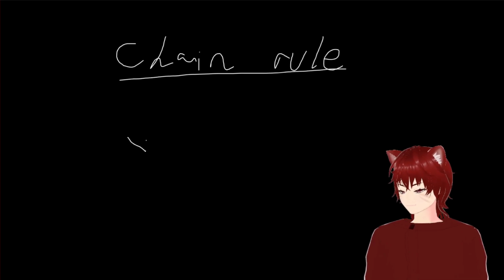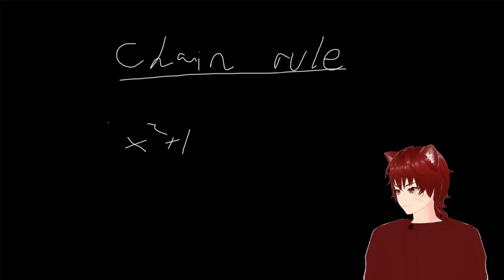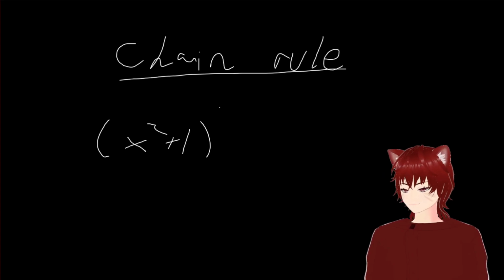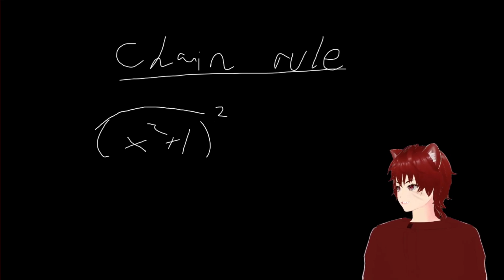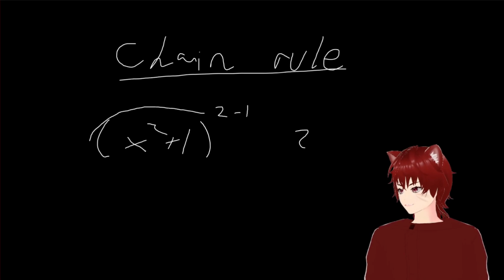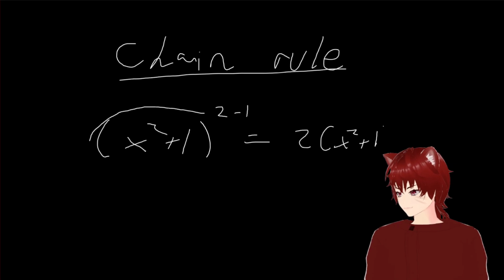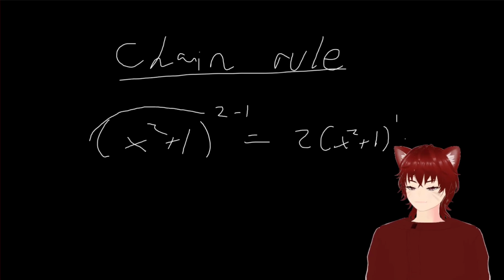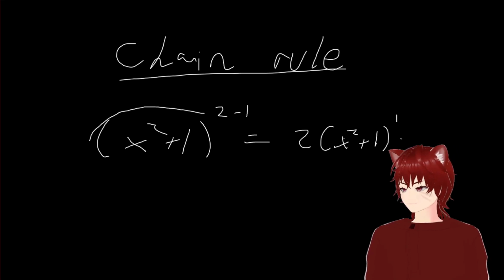Let's do x squared plus 1, all of that to the second power. It's the same with exponent rule. You take your 2, put it down here, subtract 1. So now you have 2 times x squared plus 1 to the first power. And now you have to multiply by the derivative of the inside.